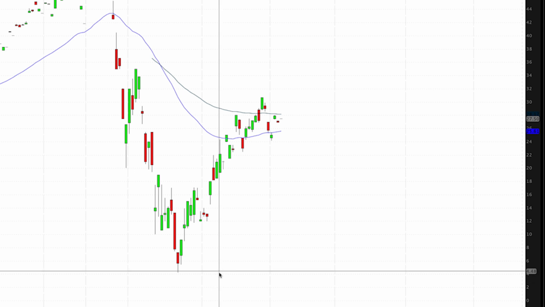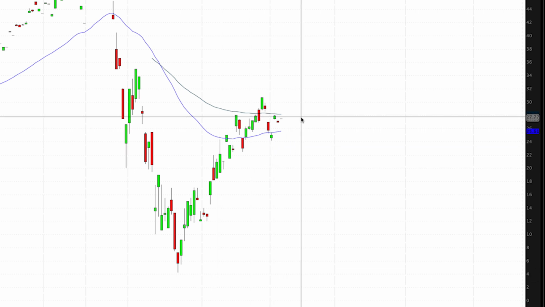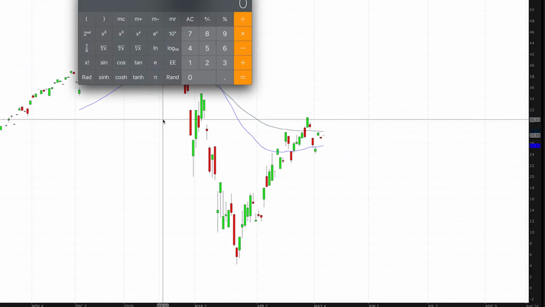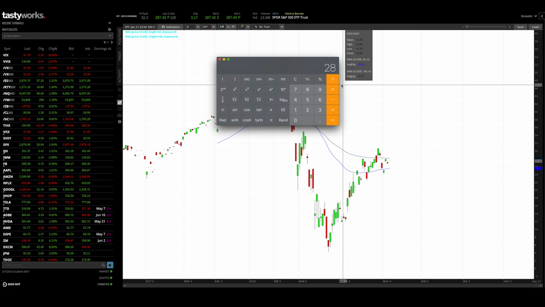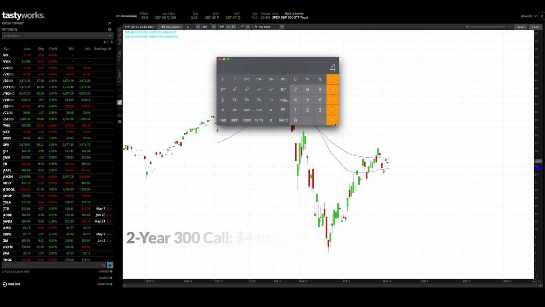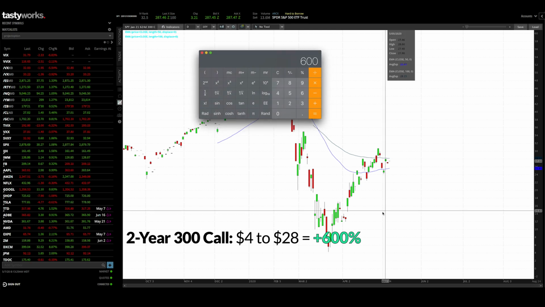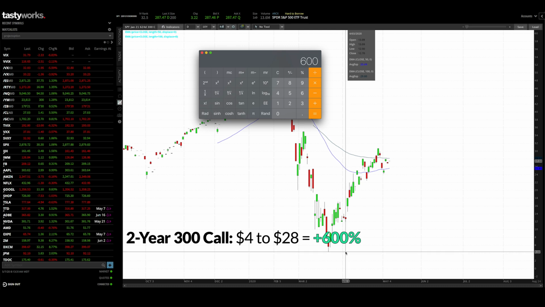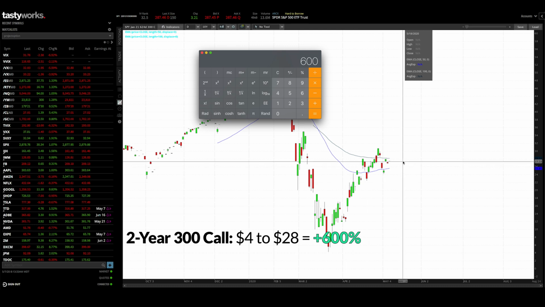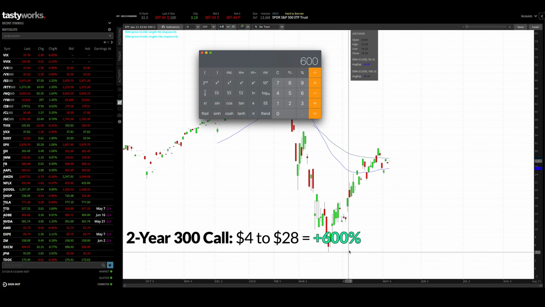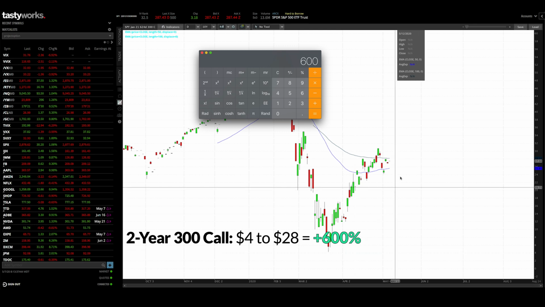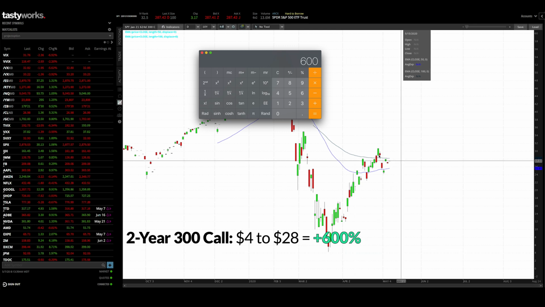So if we do that math really quickly, the current option price is $28. At the bottom it was $4. If I do minus 1, that's a 600% gain. So from the market bottom in March to the current market level, this 300 call option with 2 years to go experienced a 600% price increase.